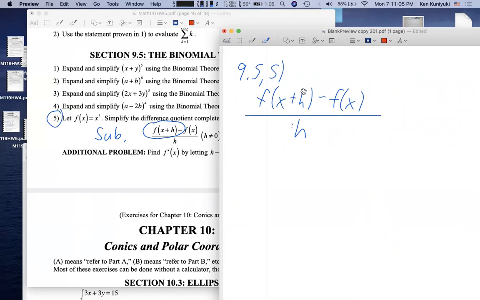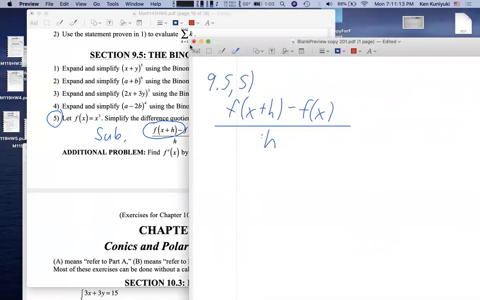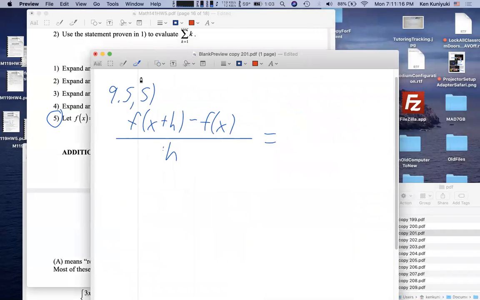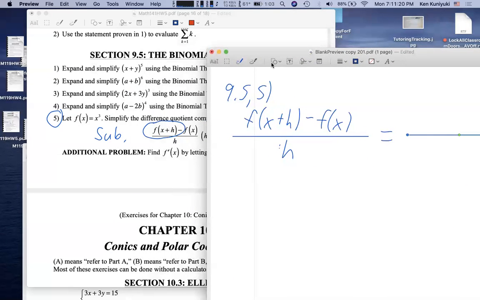All right. So, okay. Get this fraction bar first. All right. So what is, okay, so what's the deal? So we have f of x equals x cubed.